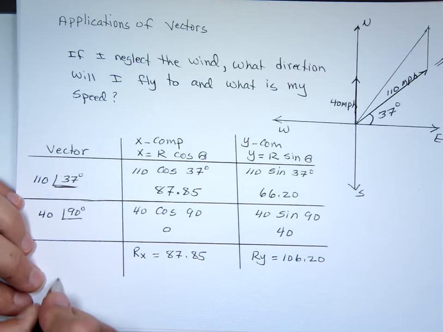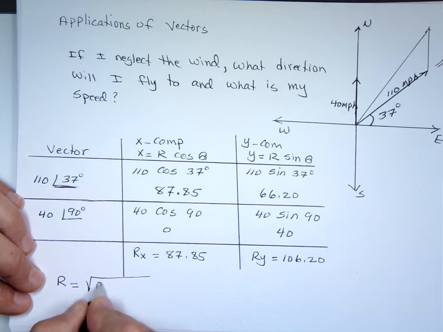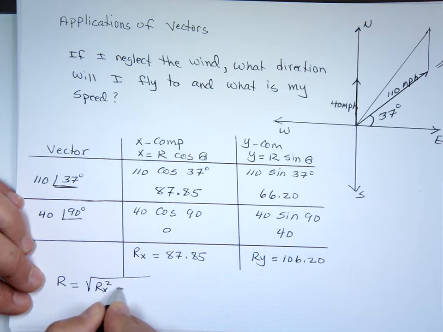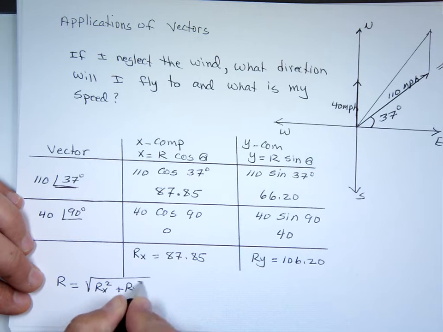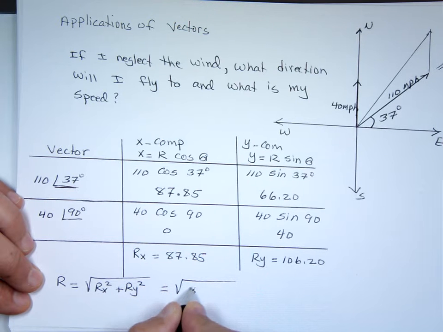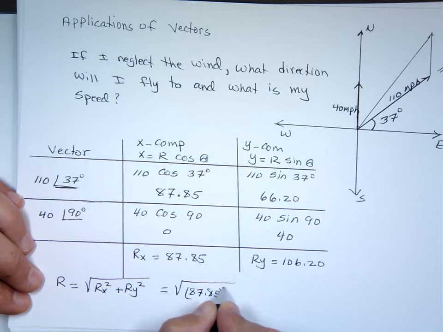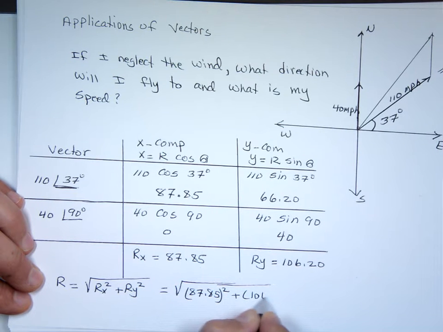What's my speed? That's the result. How fast I'm going is the square root of the x value squared plus the y value squared. 87.85 squared plus 106.20 squared.